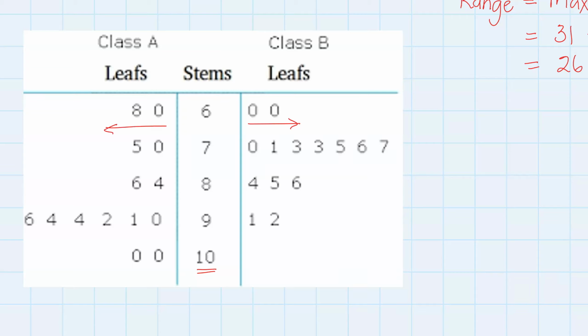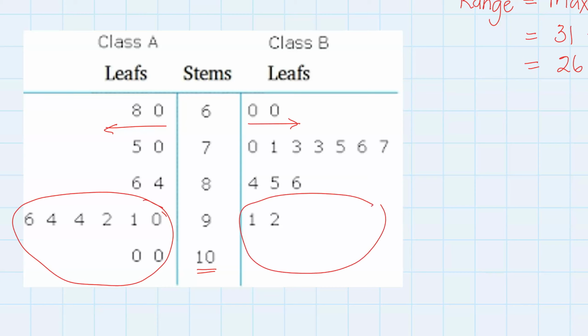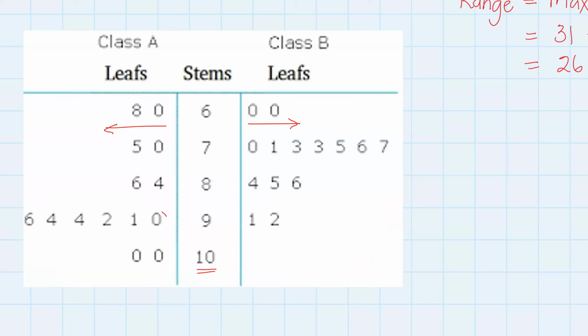So the smallest numbers are along the inside, and then they get bigger and bigger as they go towards the outside. We can see from these two classes that class A seems to have better scores than class B. There are more students here than there are in class B. Most of class B scores are in the 60s and 70s. So class A got better results than class B. All right, that's a brief introduction to stem and leaf plots.